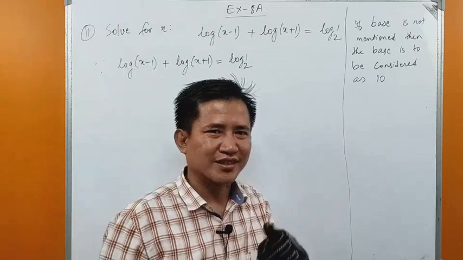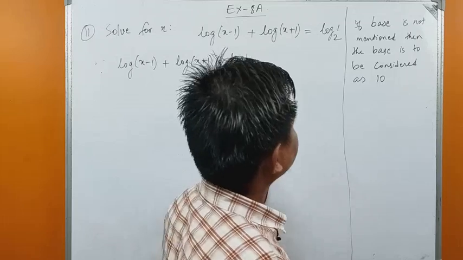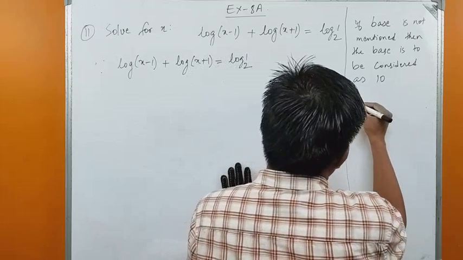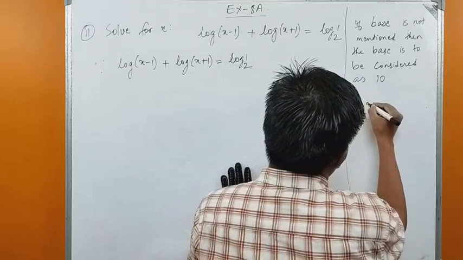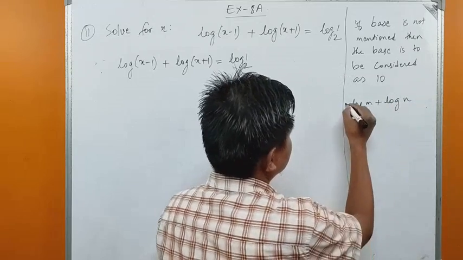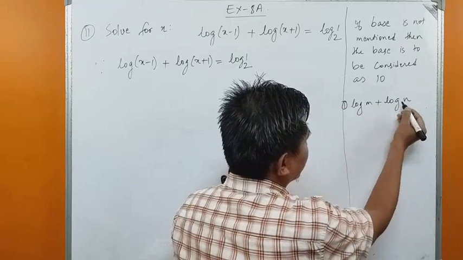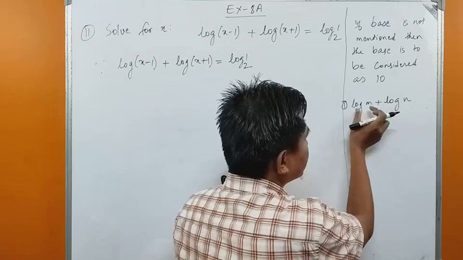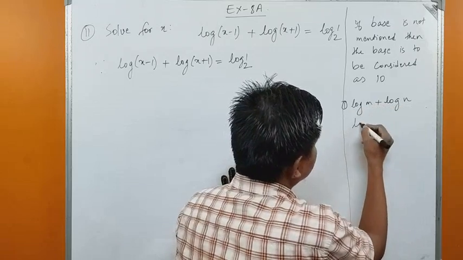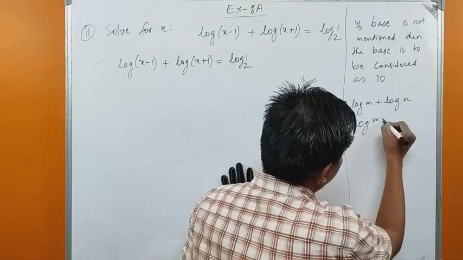We have already discussed this in our previous video. So the next thing is, this is the first rule I am writing: log m plus log n. If there is a plus sign in front of two logs, log m plus log n, then what we do is log of m into n.